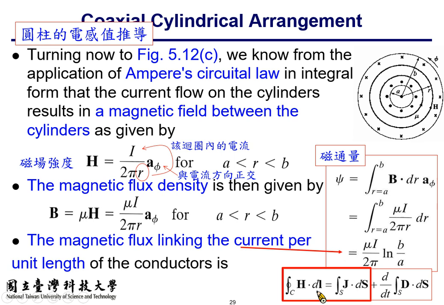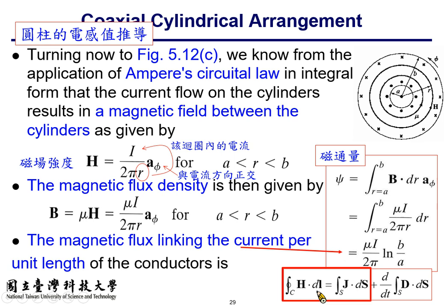The H field is then in the phi direction. So 2 pi R H phi equals the total current encircled by this closed loop.